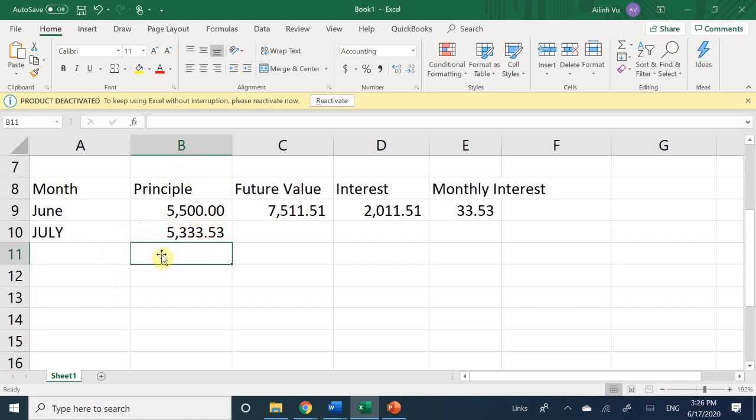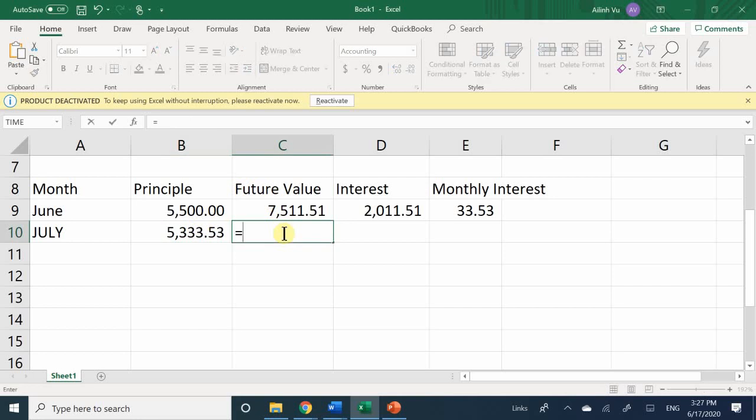And if you understand how bank loans work, this is going to be your new principal. So let's go ahead and recalculate what our interest is going to be now. We have a new principal.